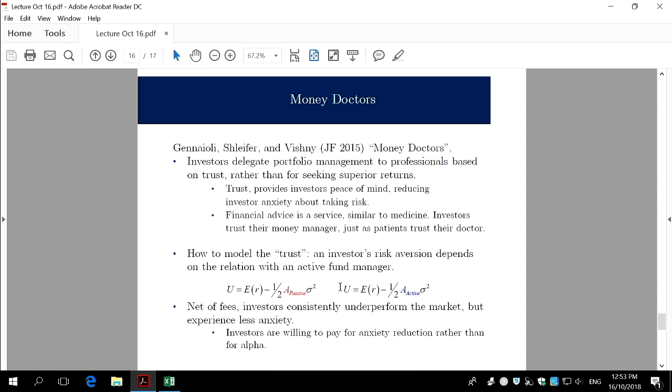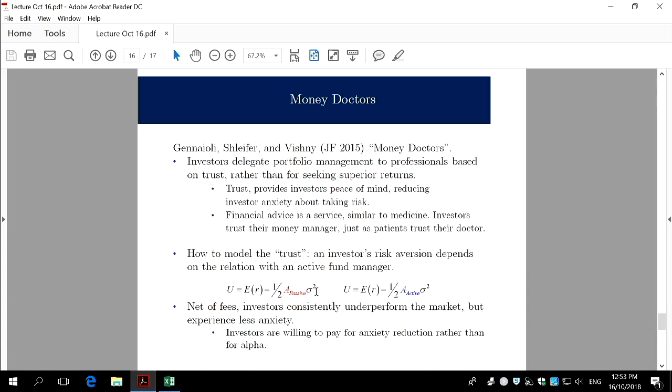If you are dealing with an active fund manager, you feel better because this active manager provides you peace of mind. Then if you feel better about risk, this A would be smaller. You will not fear taking risk. So your risk aversion will become smaller.